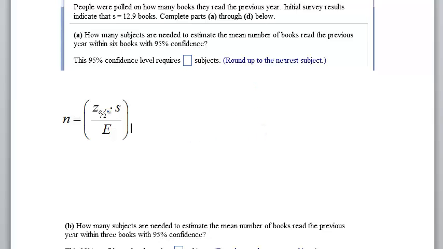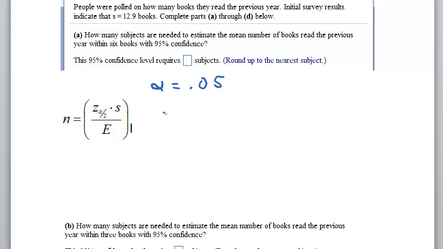So Z sub alpha over 2. What is alpha? Remember, we have 95%, so that means alpha here is 0.05. If it were 99%, alpha would be 0.01. It's just 1 minus the 0.95 that gives me the alpha.